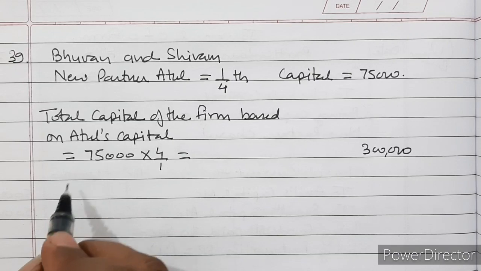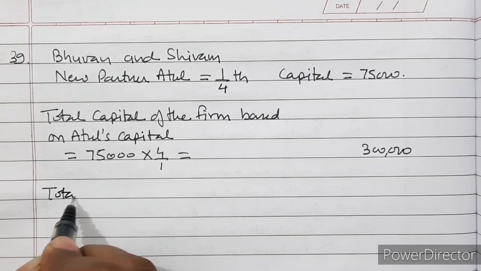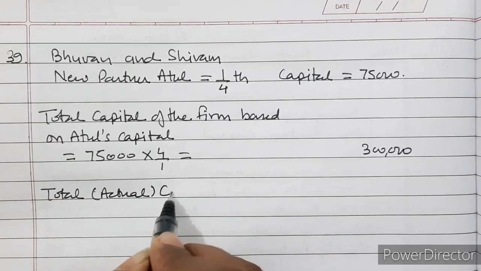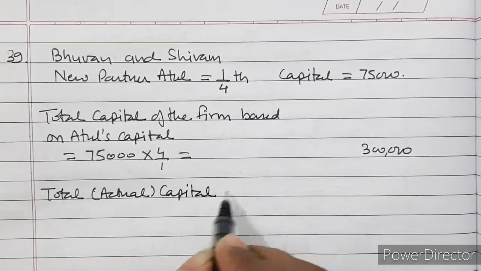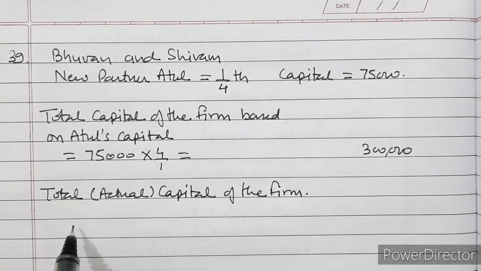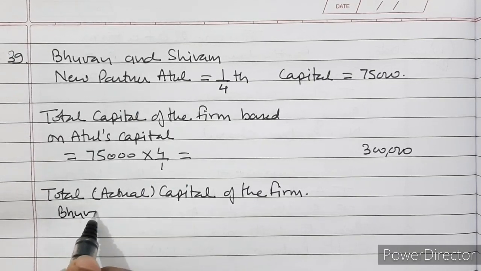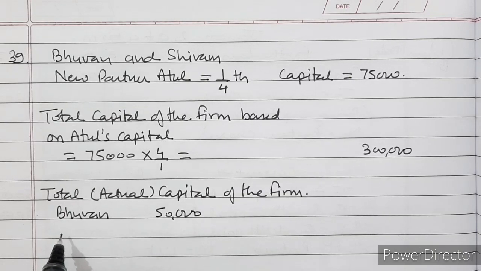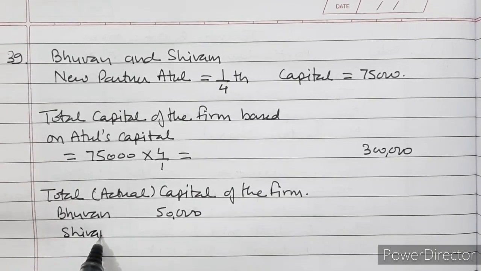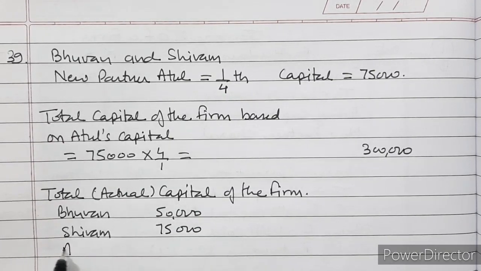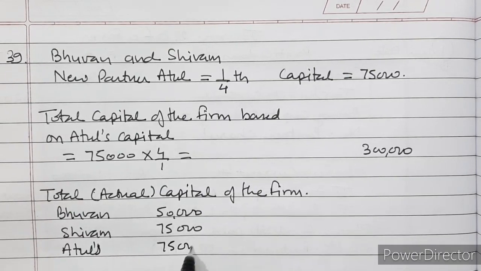Now, total actual capital of the firm is equal to Bhuvan's capital, which is 50,000, then Shivam's capital, that is 75,000, and Atul's capital, again 75,000.